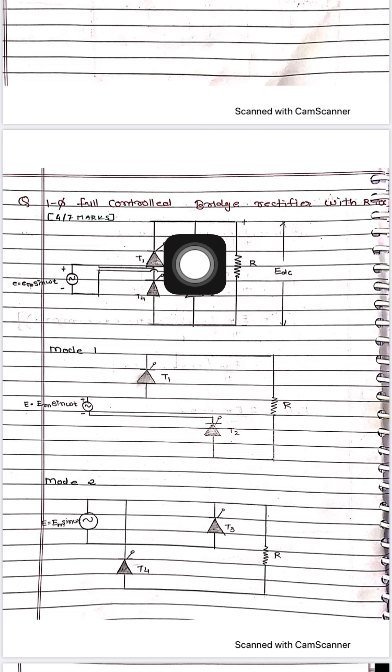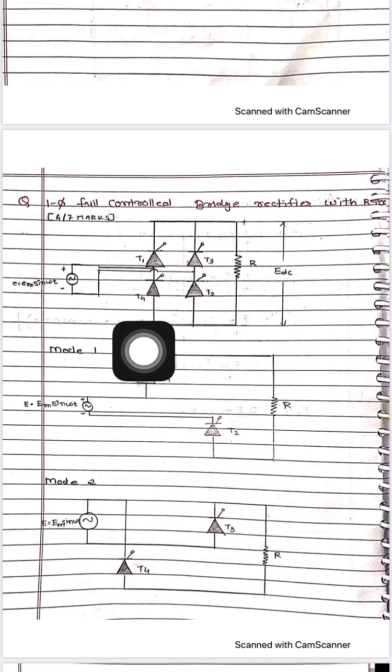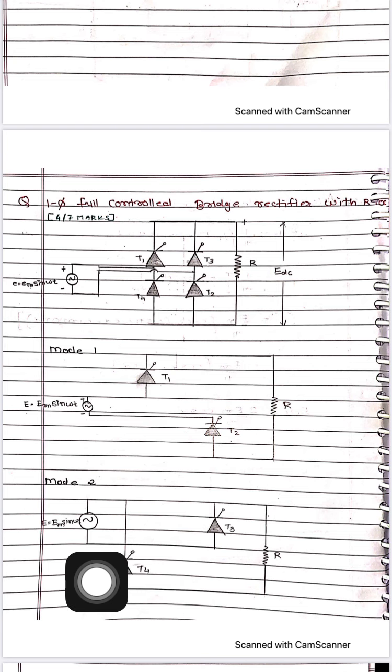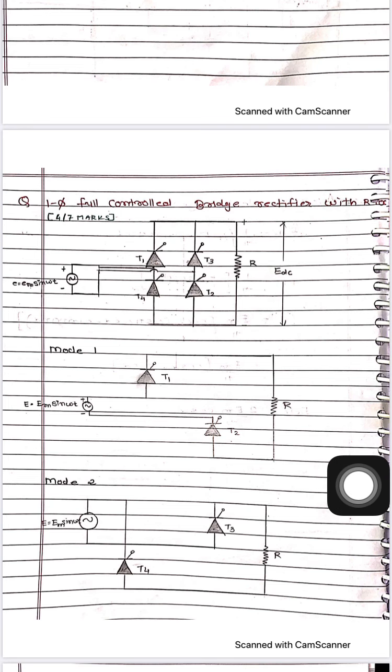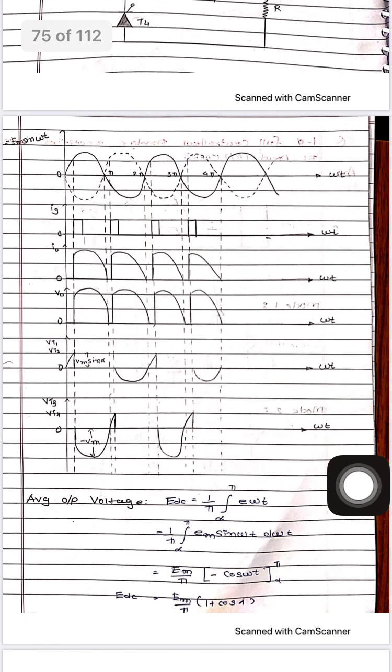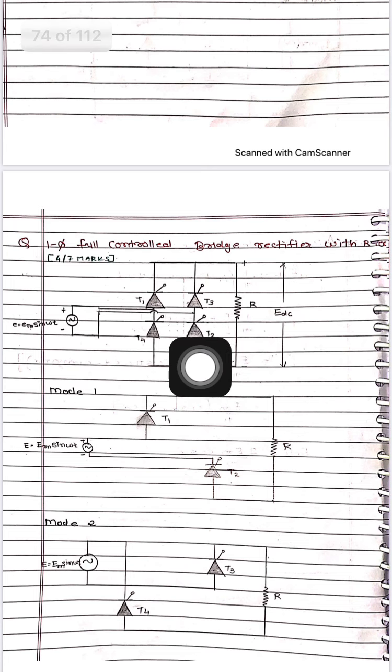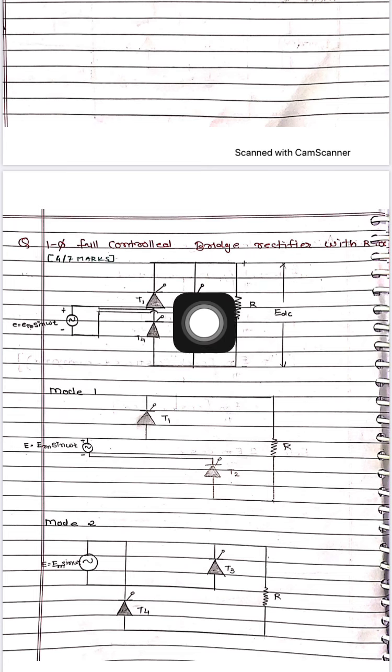Current flows from T3 through the resistive load and T4, because the positive is connected to the T4 terminal, and then back to the supply. In the bridge, two switches are on at the same time while the other two are off. When this cross pair of switches is on, the other cross pair is off. So T1, T2 on, T3, T4 off.